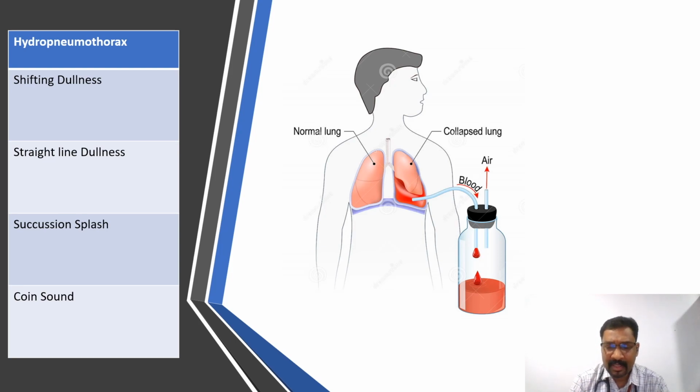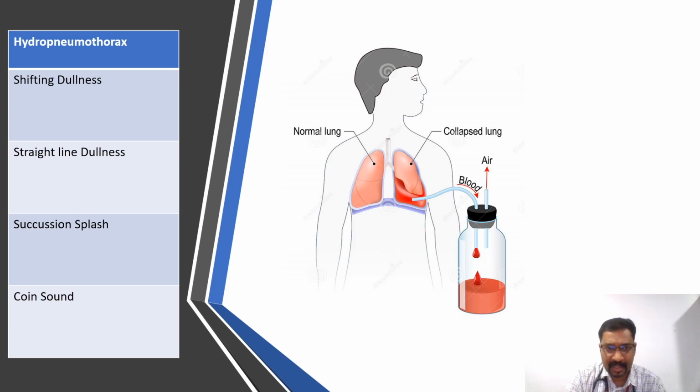Shifting dullness is demonstrated where the maximum point of dullness is found in the axilla in the sitting position, and then the patient is asked to lie down on the unaffected side, and when you percuss, you'll find that the area has become resonant.